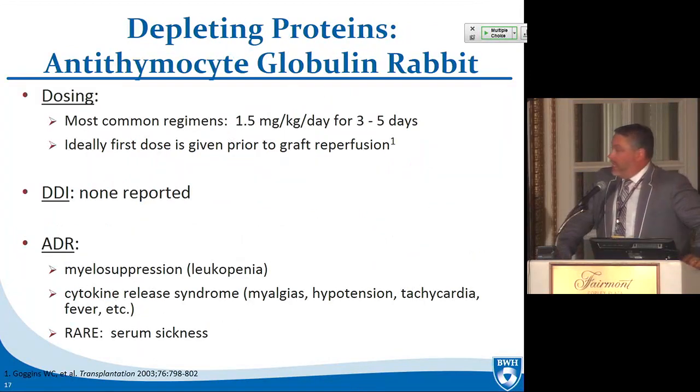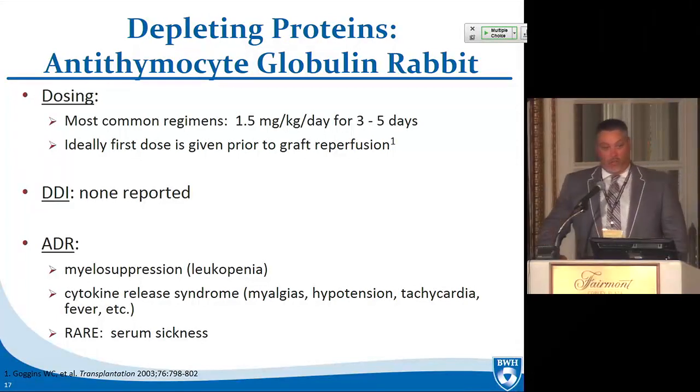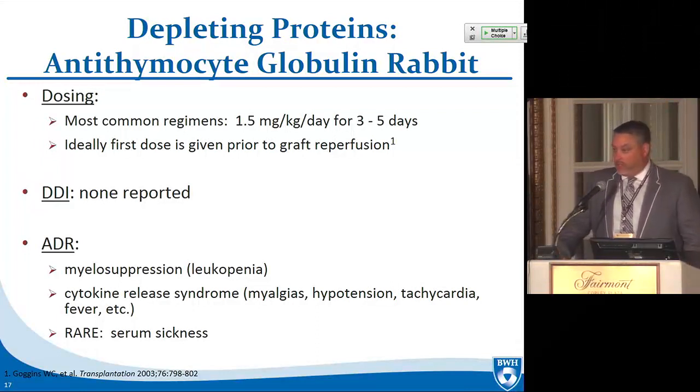This drug is not FDA approved for induction. It's been available in the US for quite a long time, but the most common regimen in the US is a 1.5 milligram per kilogram dose given for 3 to 5 days. There are some centers that will give a big dose up front, 3 to 4.5 milligrams per kilogram, and may follow that up with another dose or two.